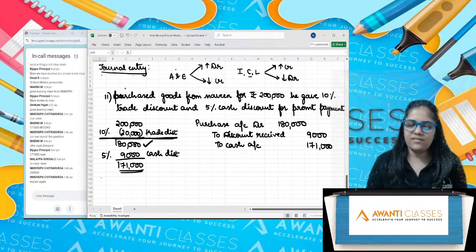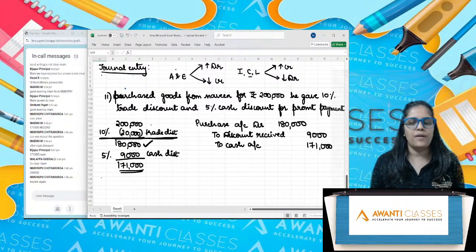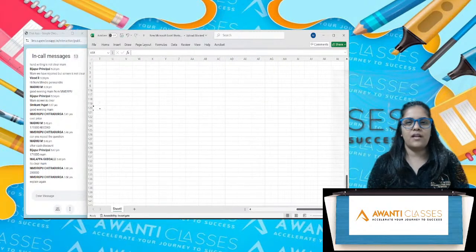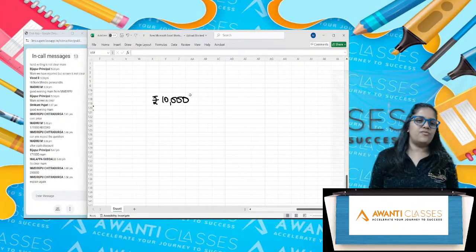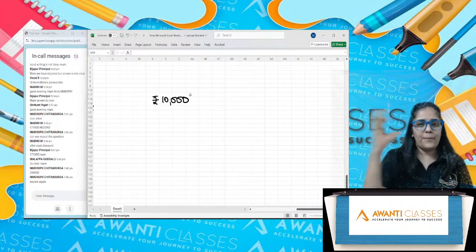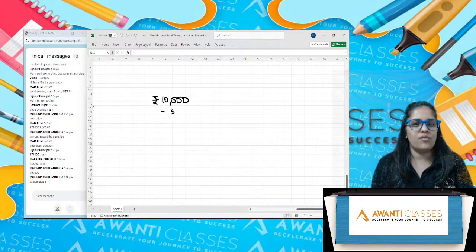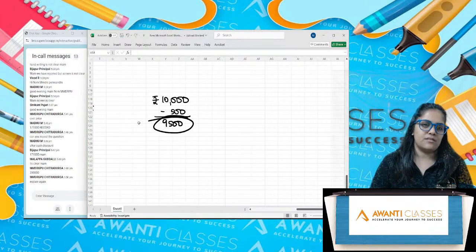Okay, the rule is very simple. Trade discount will never appear in the books. Let's say for example, you went shopping and you bought goods for rupees 10,000. Since you purchased in bulk, you got a discount of 500, so you have to pay 9,500. This is your amount of purchase.